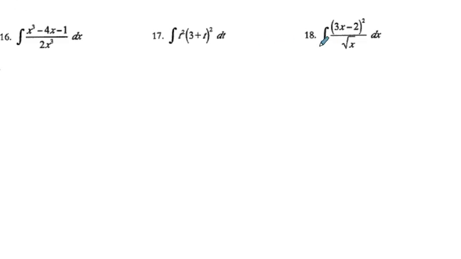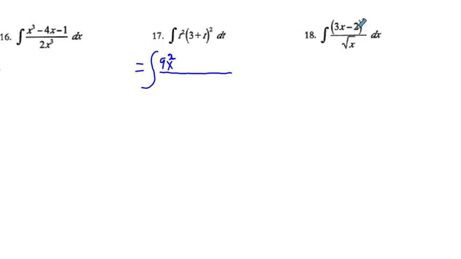And here's 18. We have the integral of quantity 3x minus 2 squared over square root of x. So what I'm going to do is expand this binomial in the numerator. We have 3x squared, which is 9x squared.